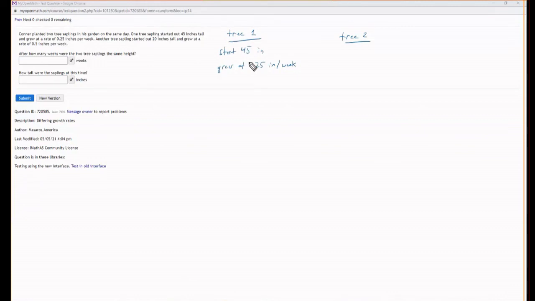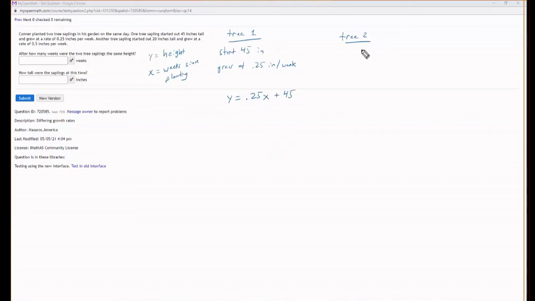If I say that y is the height and x is going to be the number of weeks since planting, then this first tree, it's 0.25 inches per week, so that's my slope, so 0.25x, and it's starting at 45, so that's my intercept. Okay, so I can get an equation for this first one.